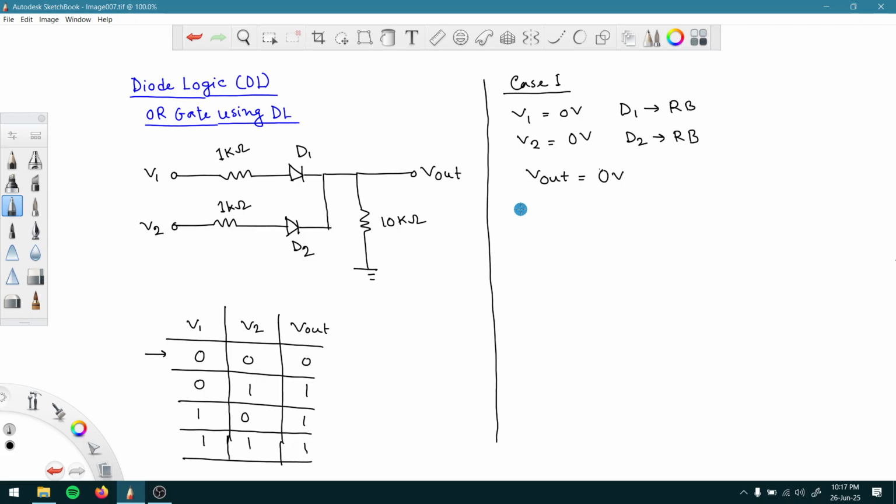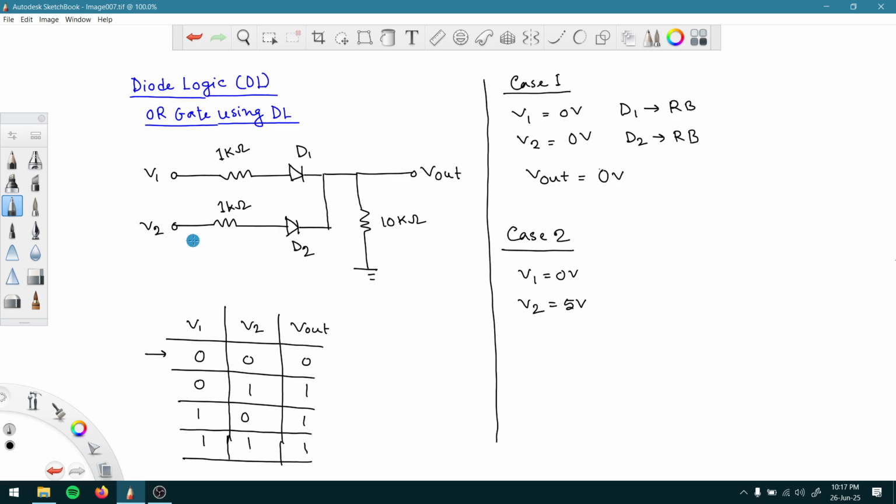Now let us look at case 2. For case 2, V1 should be at 0 volt and V2 should be at 5 volt, right? And in that case, what should happen? As V1 is at 0 volt, just like before, D1 should be turned off, or reverse biased.